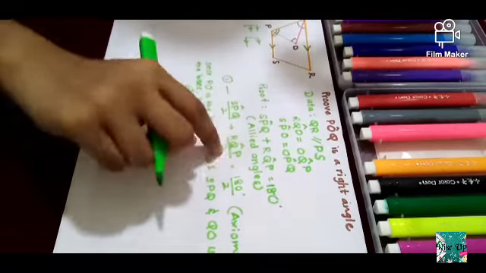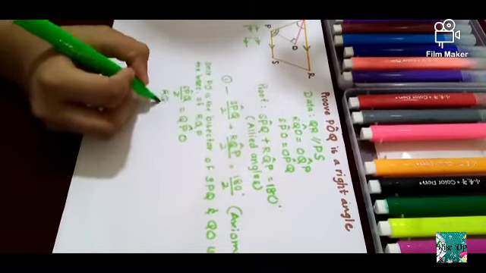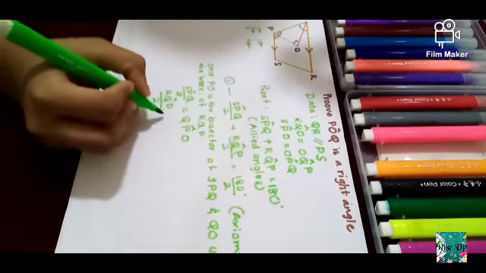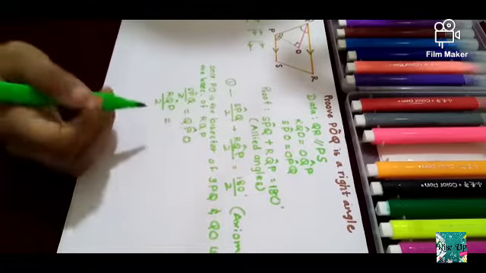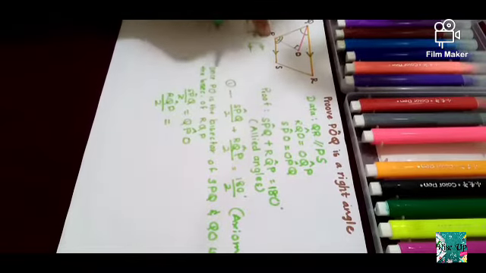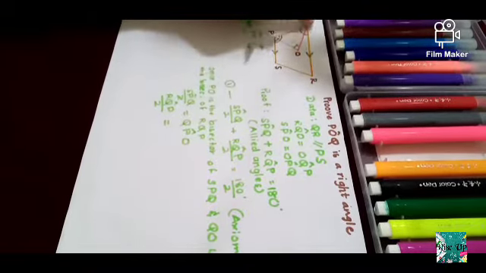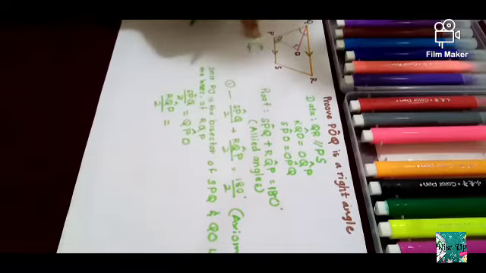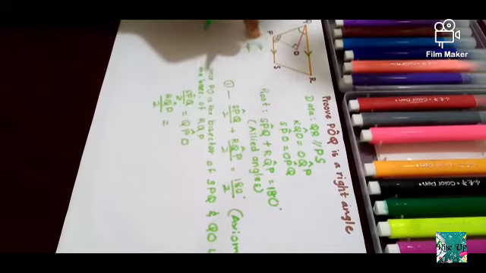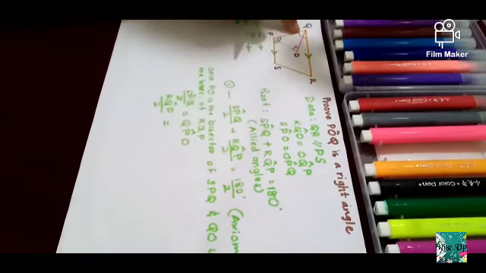Yes. Then this part, RQP, similarly divided by 2 is equal to PQO. This way is equal to this way, and half of RQP is equal to PQO, this angle.